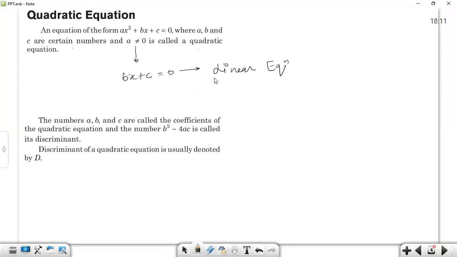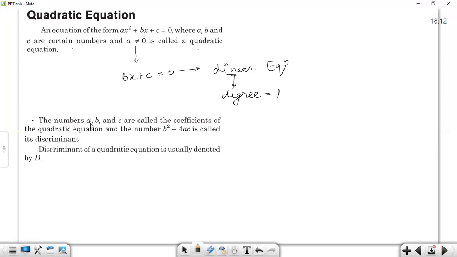No. Linear equation, no problem, because it now has degree 1. Degree is the highest power of the variable, which is x here. It's 1, so that's why this is known as a linear equation.